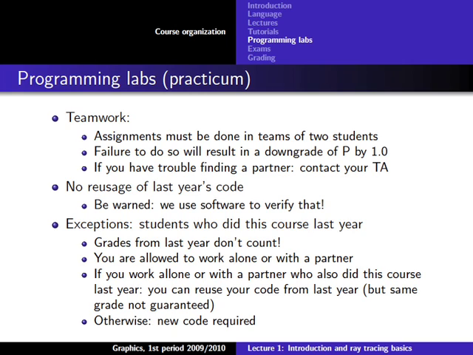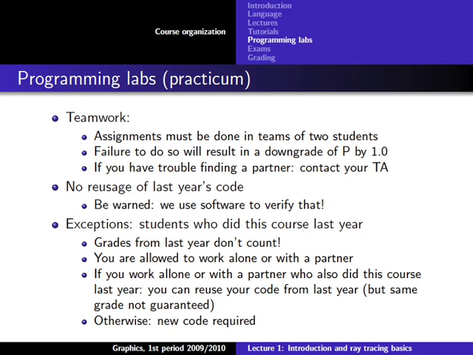Exceptions to these rules, about old code use and teamwork, are for the students who did this course last year. Because the programming exercise didn't change much, it would make no sense to have someone who did it already last year doing it with someone who does it this year, because they have a certain advantage. So you're basically free to decide if you do it in a team or alone.